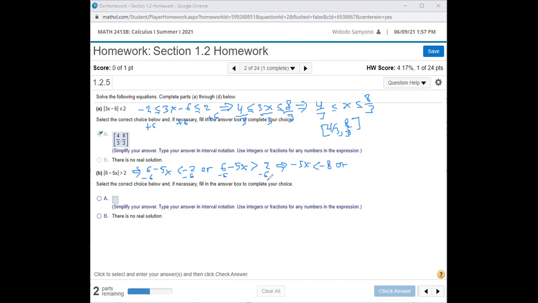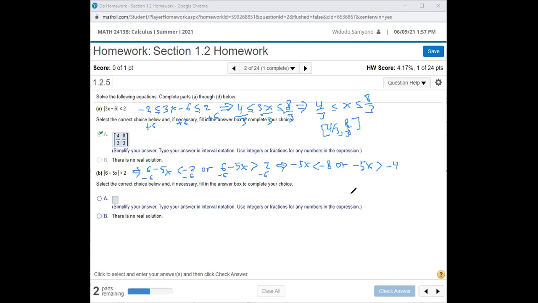Or this guy here will be negative 5x greater than negative 4, right?